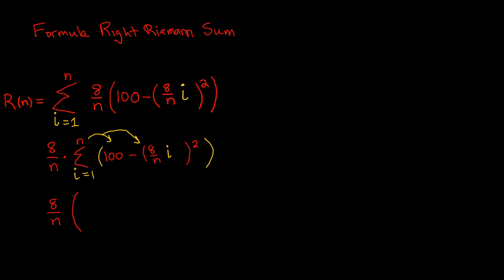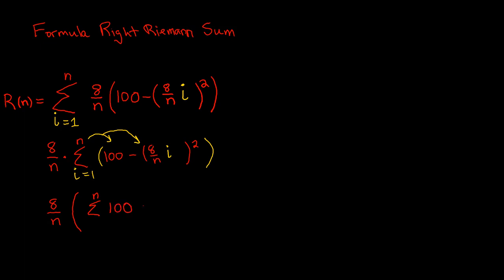So I need to make sure that I don't forget that. And then now I'm going to have the sum from i equals 1 to n. And I'll write the i equals 1 later because I need to change colors. And then there's a 100.